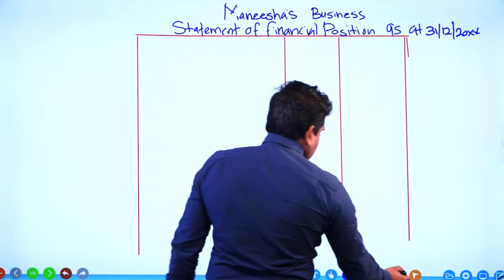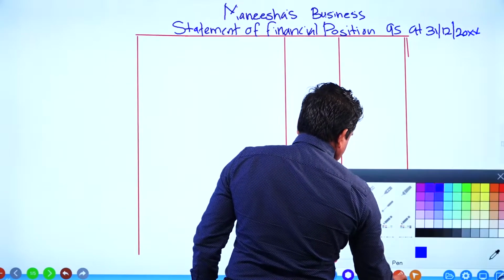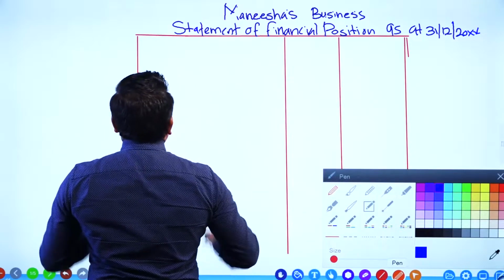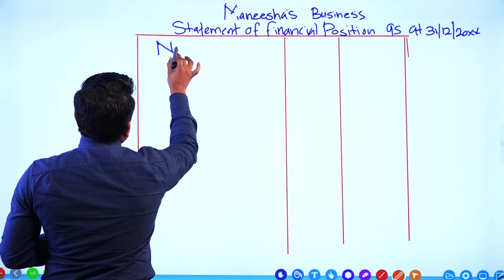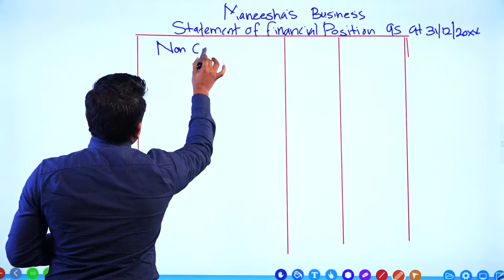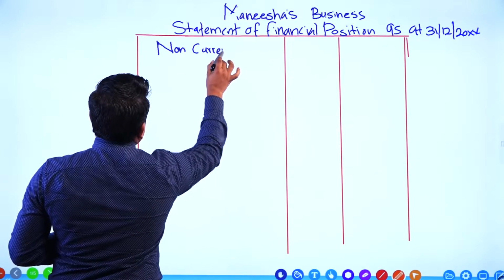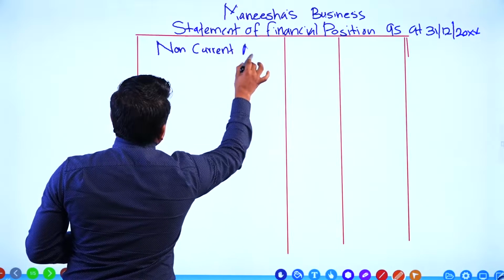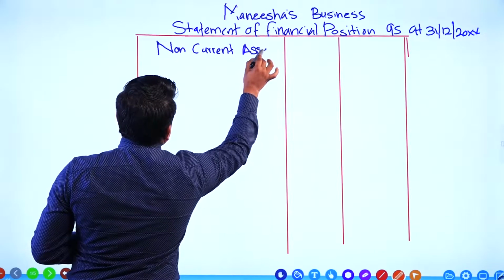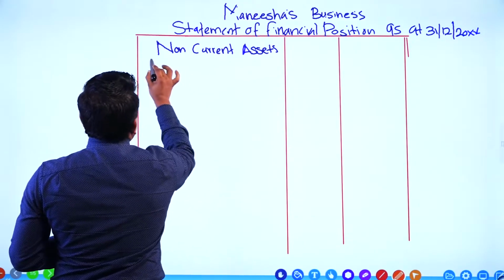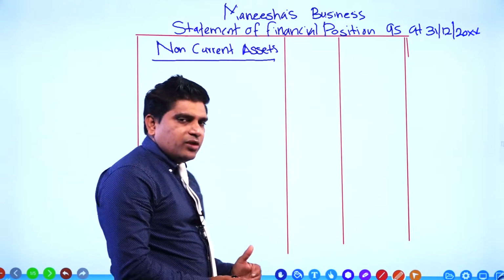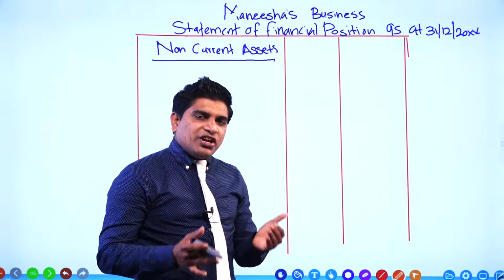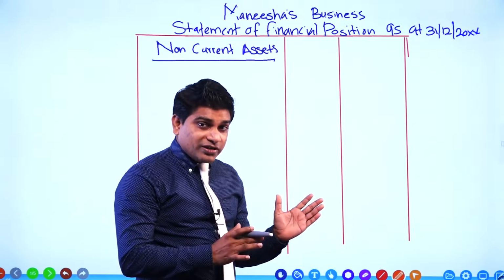Now, on the top we write non-current assets. Under the non-current assets, we can write land and building, vehicles, machinery, equipment, those things if they have given, right?